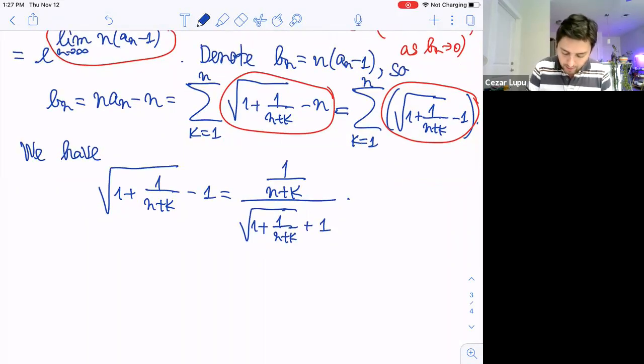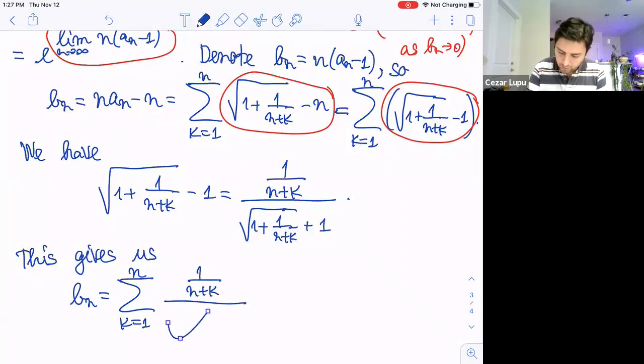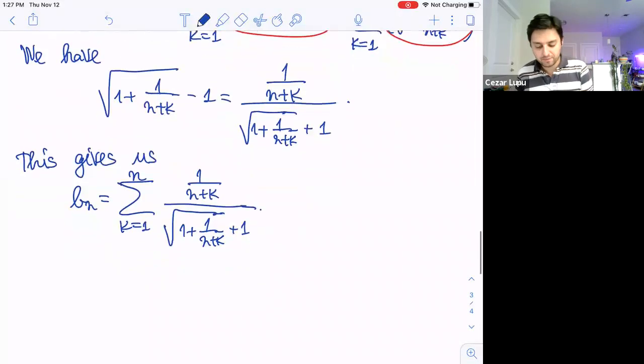So this gives us that b_n is equal to the sum of 1 over n plus k, everything over the square root of 1 plus 1 over n plus k, plus 1. Okay, and now we can do the squeeze.